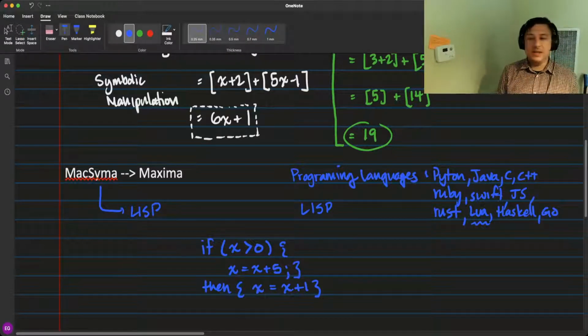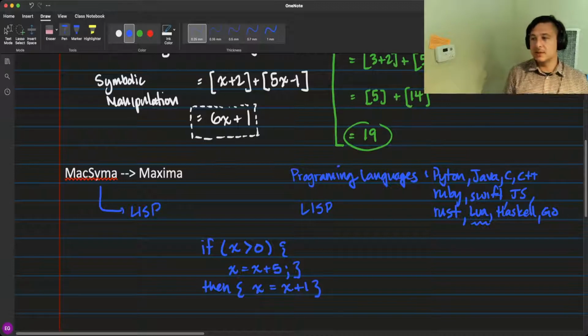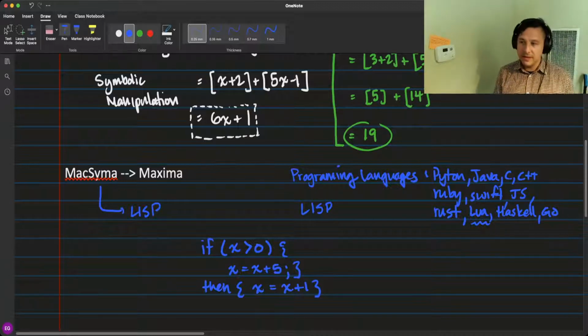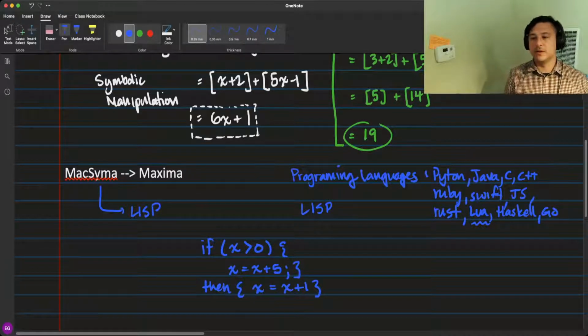Okay, so you have some number. What does this program do if that number is greater than 0? Yeah, it adds 5 to it.